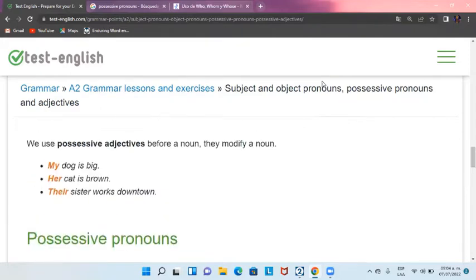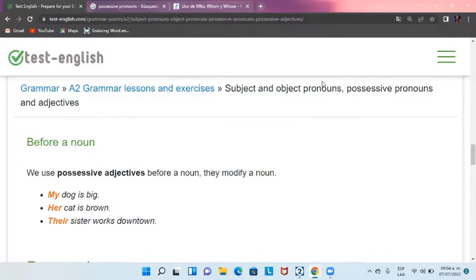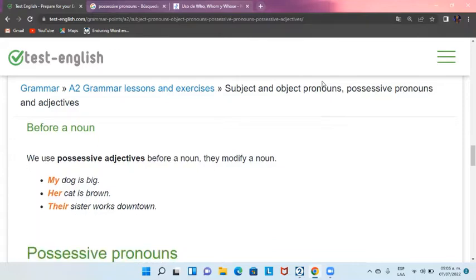Vemos aquí la diferencia otra vez. My dog is big. Her cat is brown. Su gato es café. Y luego their sister works downtown.